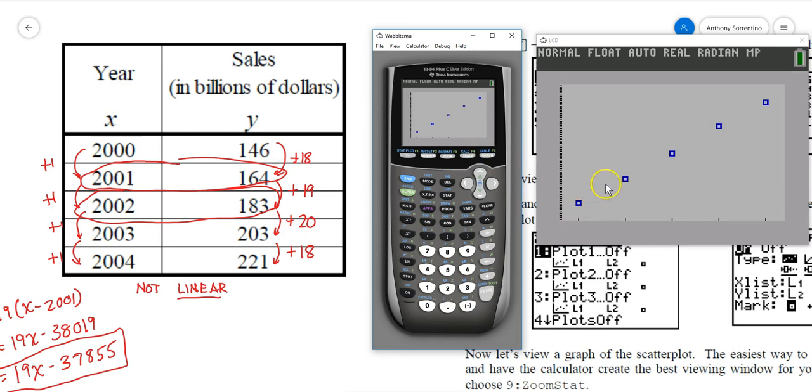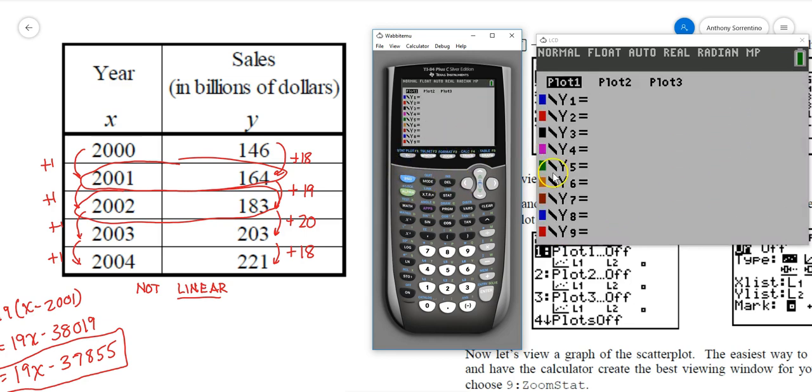And as you can see, it does line up pretty well. If I come here, for instance, and put in the formula I had down here, 19x minus 37855, and since it's in blue already, I don't want to make it blue, so I'll change the color.